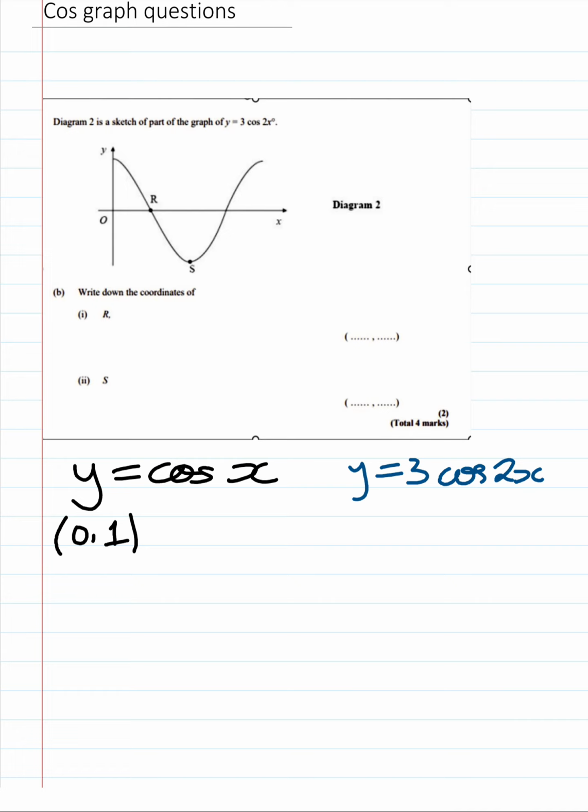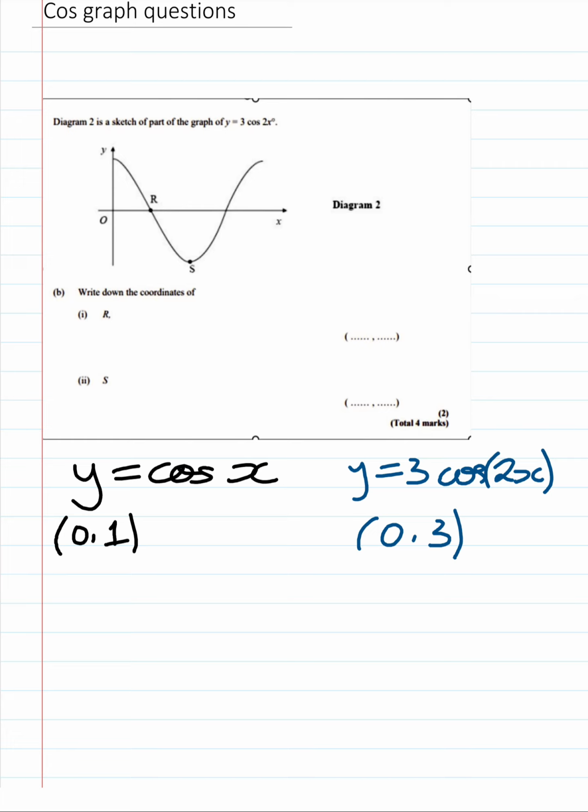This means that our x coordinates will all be half of what they were due to the 2 in front of the x, and our y coordinates will all be 3 times greater as there is a 3 in front of the equation. So our starting point will be 0, 3, because our x coordinate halves, but 0 divided by 2 is still 0, and our y coordinates are all times by 3, and 1 times 3 is 3.